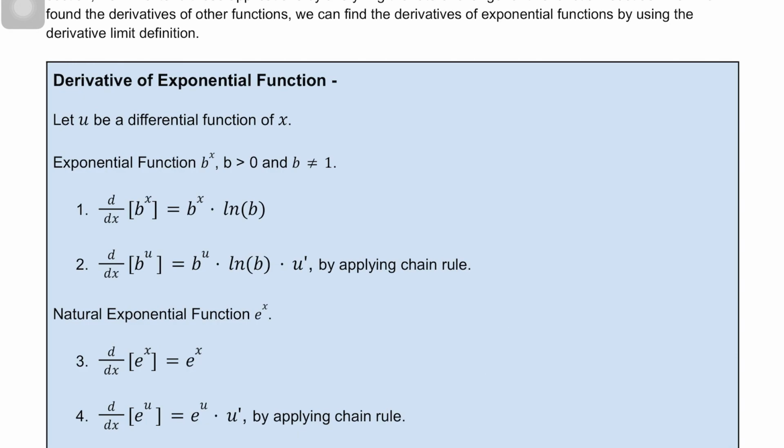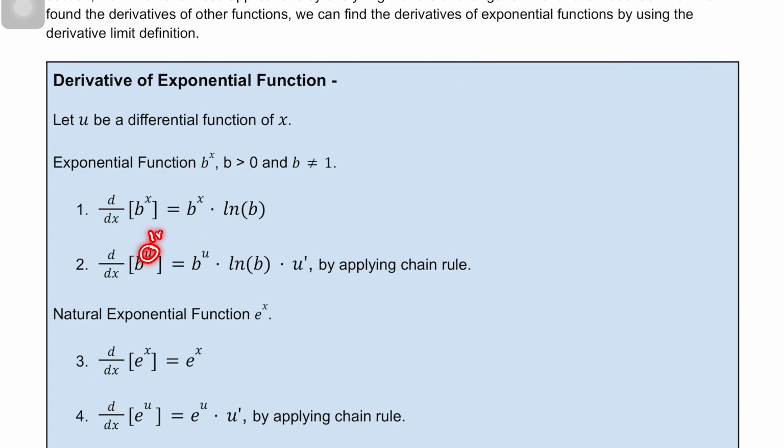And this example is when we have a function in the exponent, a function of x in the exponent. For example, 3 to the 2x squared plus x plus 1. If you notice, this is no longer just an x, but an actual function. So imagine that this is your u, a function of x. We're going to consider this the inside part of the function.